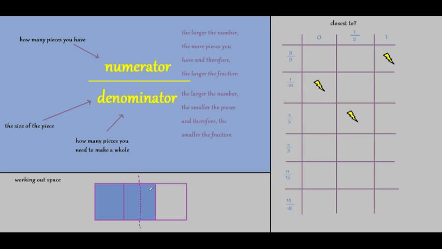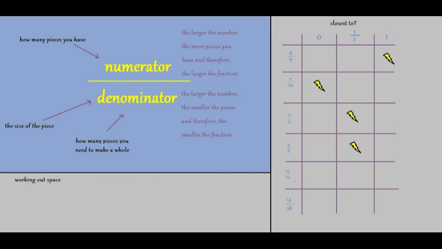So as you can see, 2/3 is half of a piece over the midway line, but it's 1 whole piece away from a whole. So it's much closer to a half than it is to a whole. So I'll put my little tick in closest to a half.